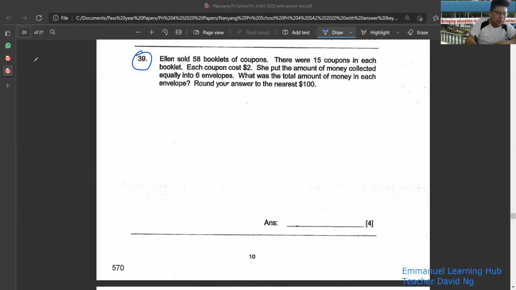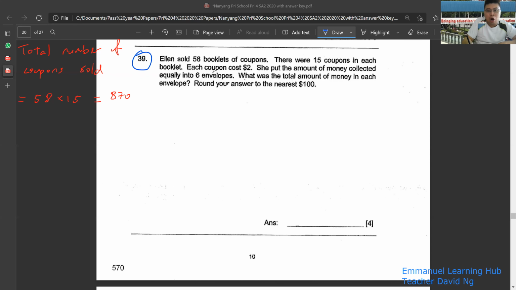So total number of coupons sold. This one you do the working, which I trust you know how to do by now. You should get 870. The total number of coupons sold is 870.